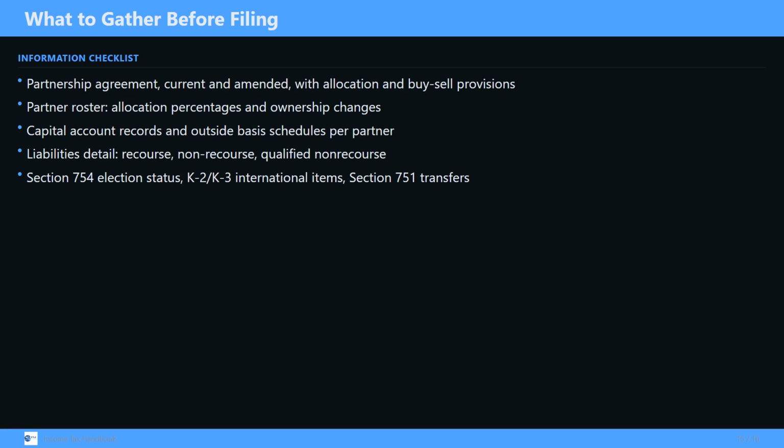Add the fixed asset and depreciation register, the Section 754 election status, international items for K-2 and K-3, and any transfers of partnership interests under Section 751.